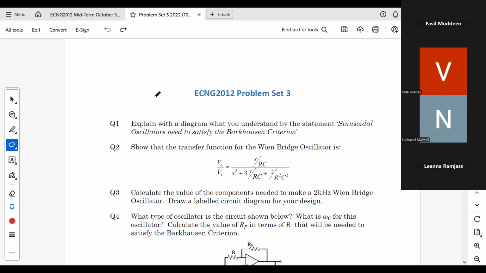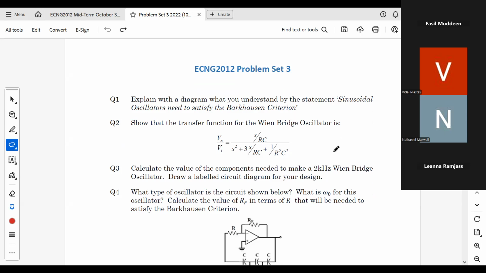And everything that is done with the oscillators is to try to make those 2 things happen. The amplifiers provide the gain to make sure everything is 1, and then whatever the RC network is doing, the amplifier also provides the phase change to give you that 0 or 2 pi.